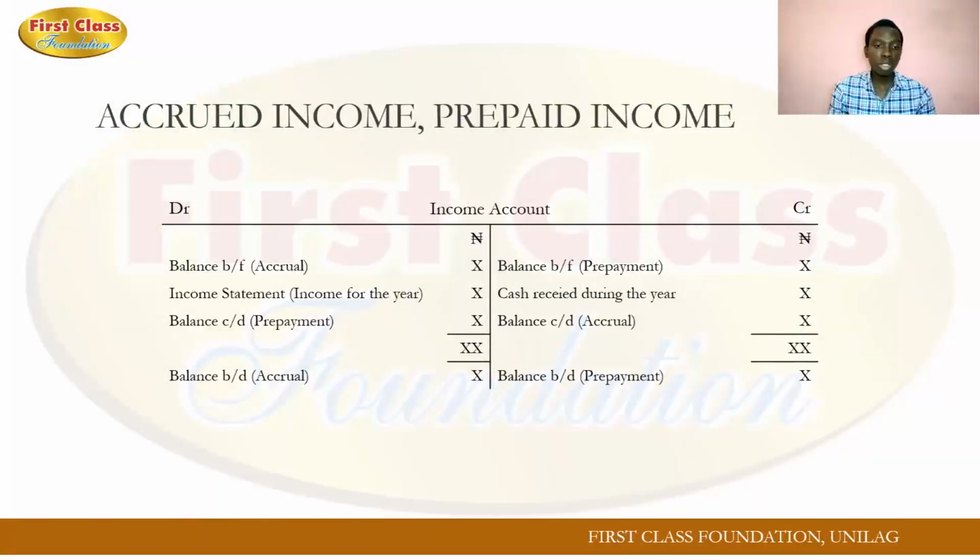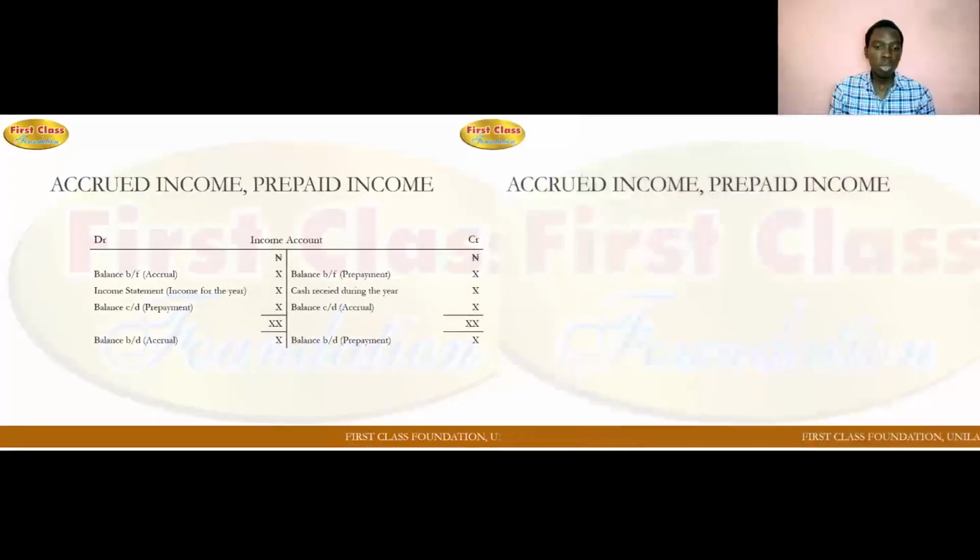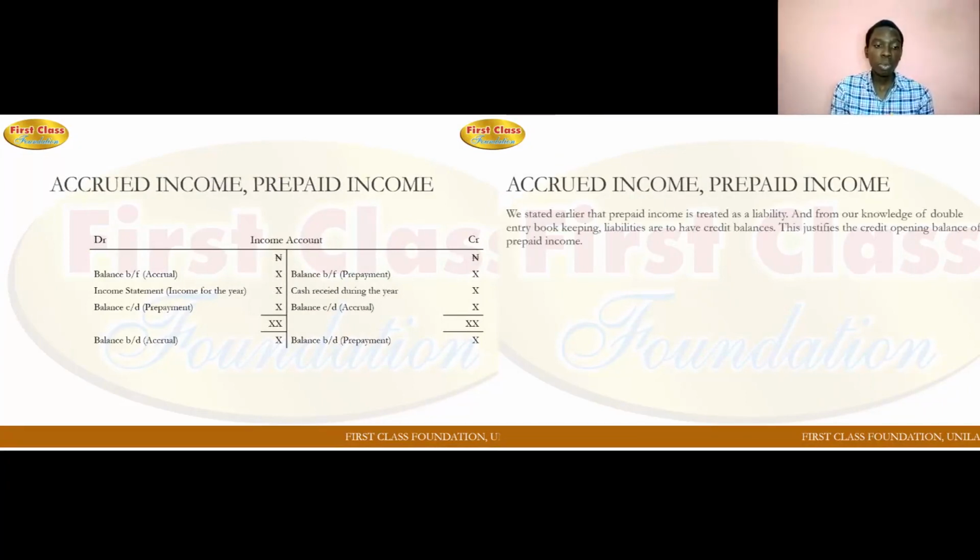Now we look at accrued income and prepaid income. We just treated accrued expense and prepaid expense. So this is just a reverse of what we have for the expense account. For the expense, we debited the opening balance of prepayment. Here we are crediting it. Why?